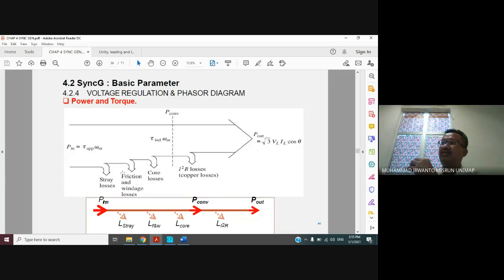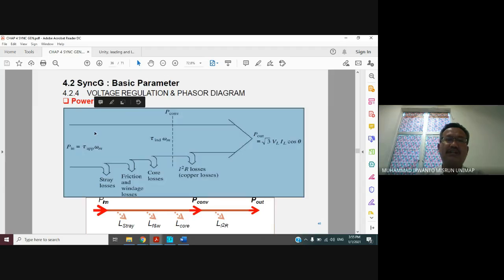The power can be called the output power of the synchronous generator. So this is the flow of power in a synchronous generator, starting from the input power. The last is the output power.